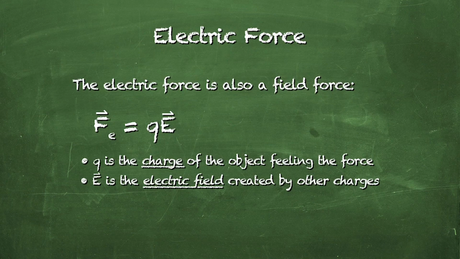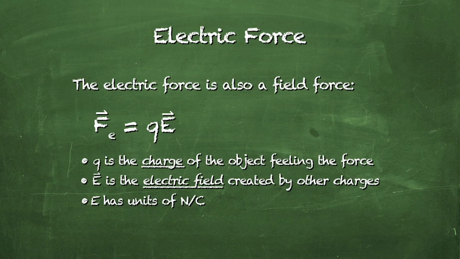Now, g, the gravitational field, had units of newtons per kilogram, or newtons of force per kilogram of mass. E has units of newtons per coulomb, or newtons of force per coulomb of electrical charge in the object feeling the force. So coulomb is the unit of electrical charge. That is the basic metric unit of electrical charge.